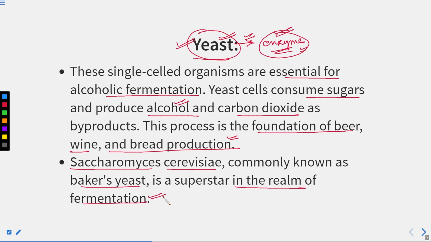So you can imagine that this whole industry is based on this microbe. Liquor industry, bread industry, all is based on this single microbe, that is yeast, Saccharomyces cerevisiae.